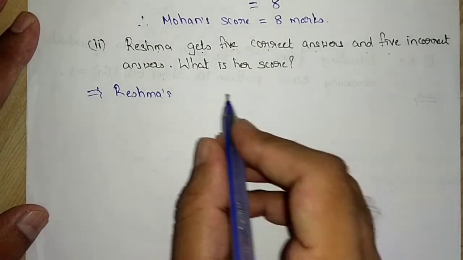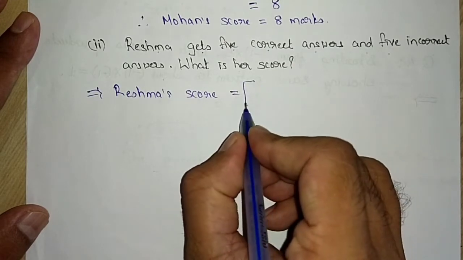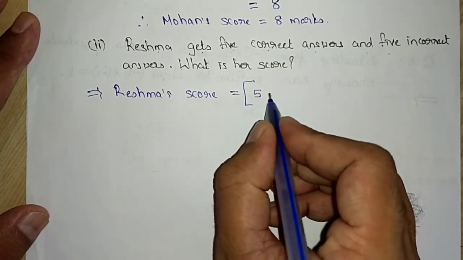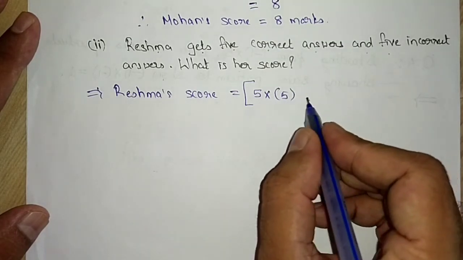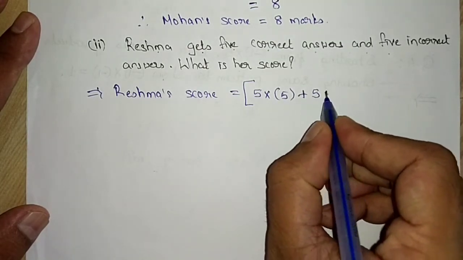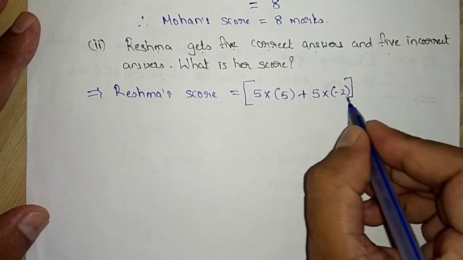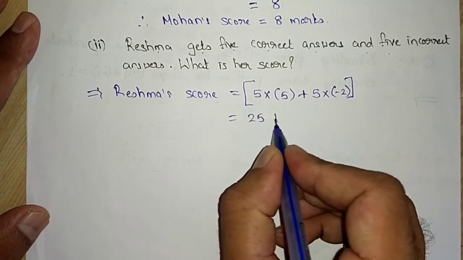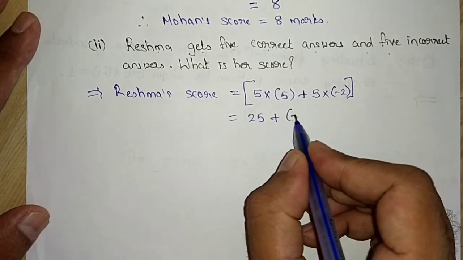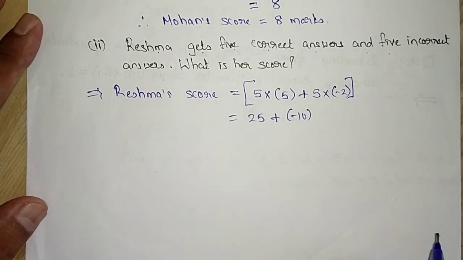Resma's score is equal to 5 into correct, and for correct how much? 5 marks, plus 5 incorrect. How much marks for incorrect? -2. So it will be 25 plus 5 2s are 10, but negative because -2 is there.